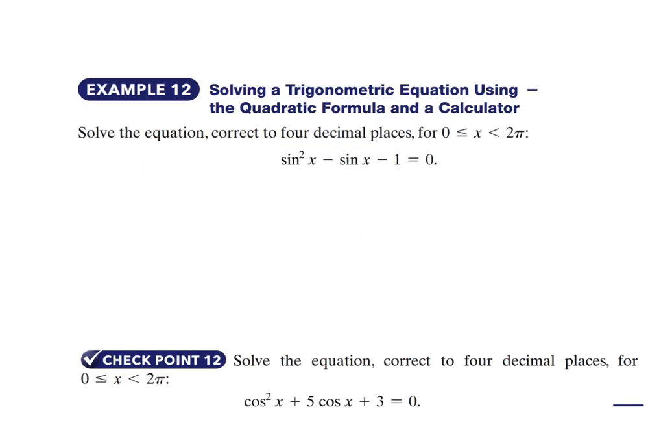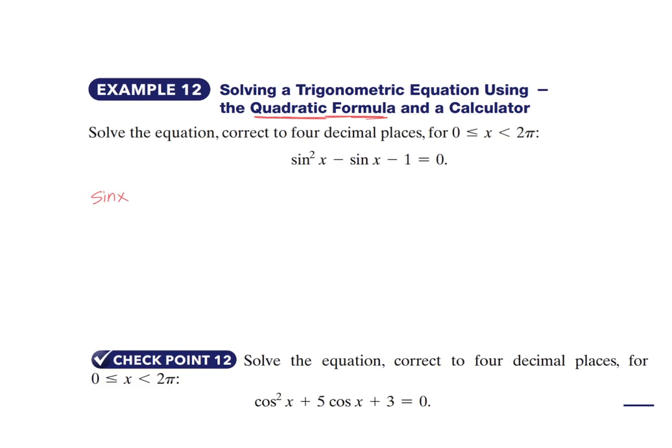So now let's use a calculator to do this. What we're going to do is we're actually going to use the quadratic formula. Okay, so sine of x is going to equal, because this is our x value, this is what we're squaring.